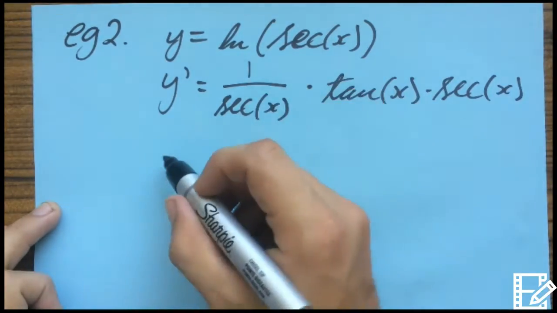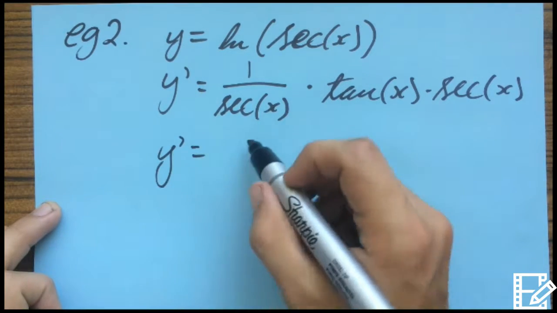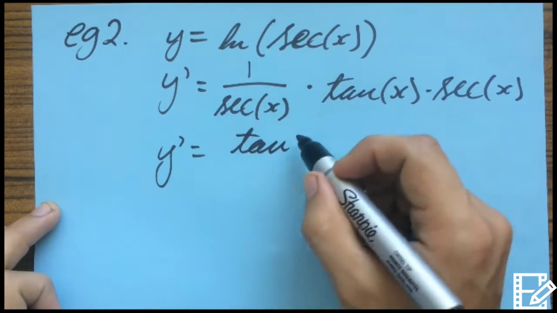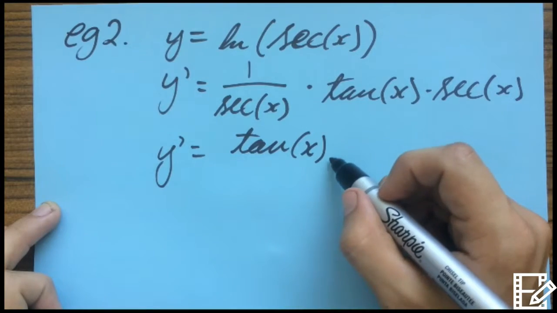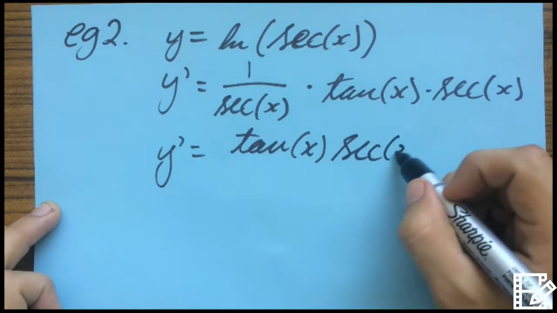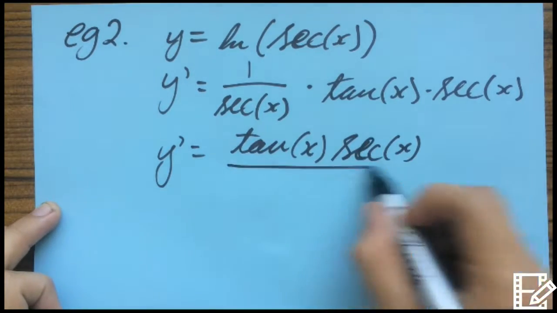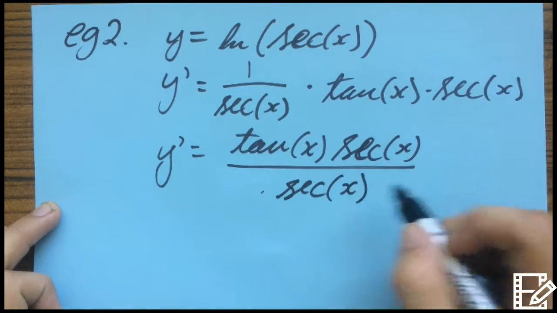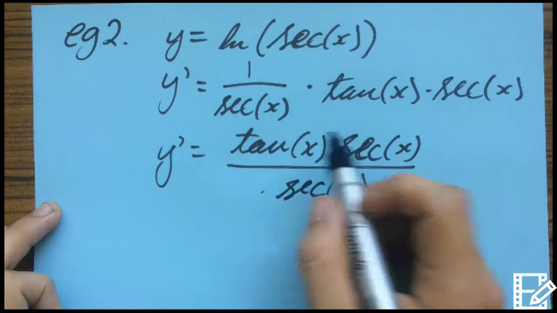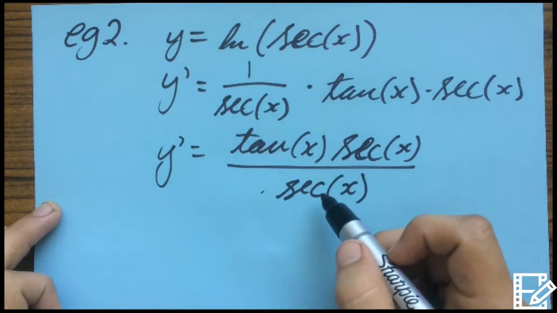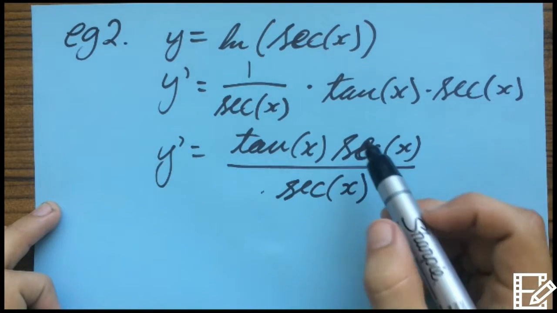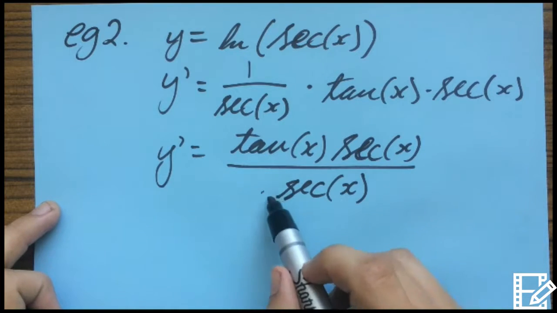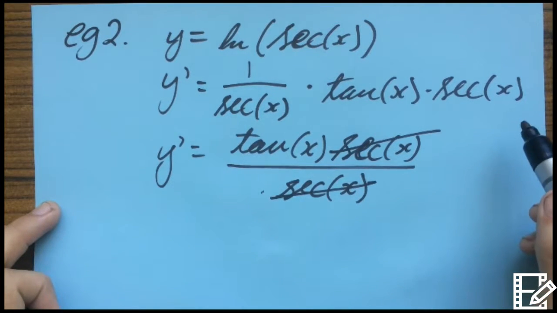So we bring this on top, and we have tan of x multiplied by sec x over sec x. Now, tan divided by sec is just tan divided by sec, but when you have sec divided by sec, you can cancel them out.